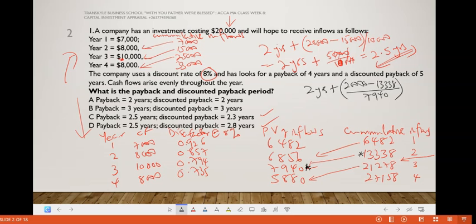This means our payback period should be 2 years, and if you punch these figures, you can see that's plus 0.839. This means our discounted payback period should be approximately 2.8 years. So obviously our answer now should be D. This is our answer.